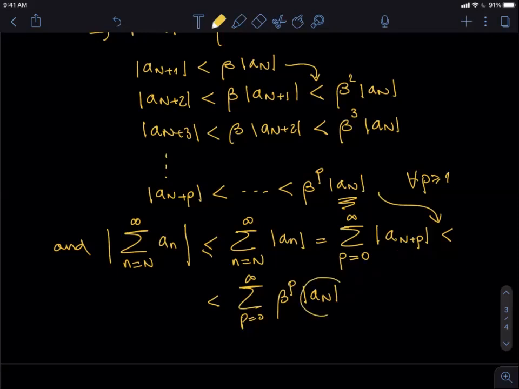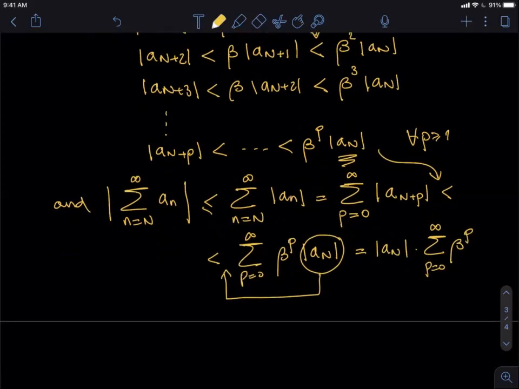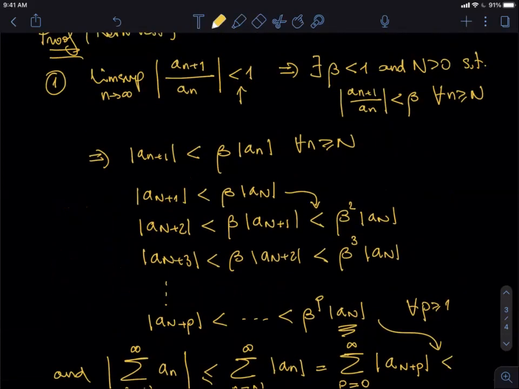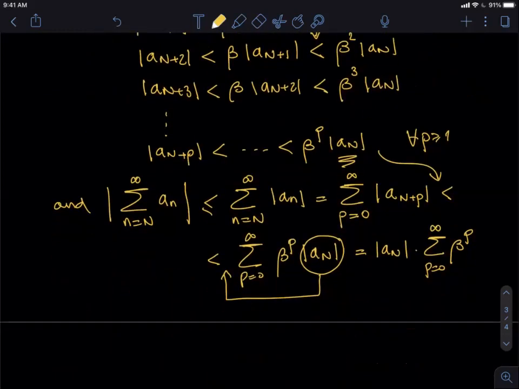Now here's the magic. This is the argument that we are going to keep using. Now this term a_N becomes fixed, so it doesn't depend on p, so I can pull it out, and I get a constant times a convergent series. Because this is a geometric series and we said beta is less than 1.